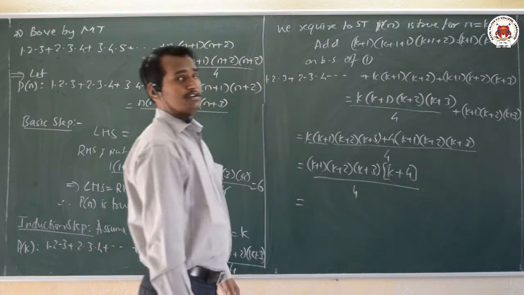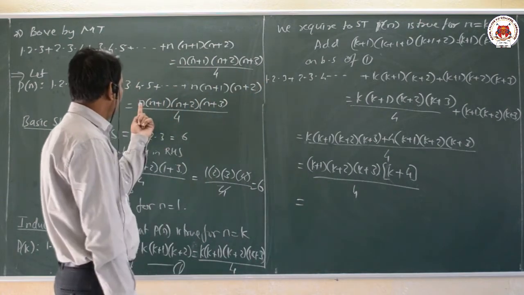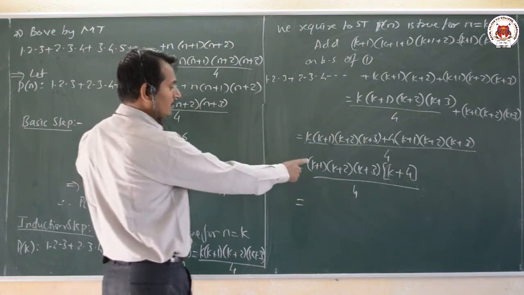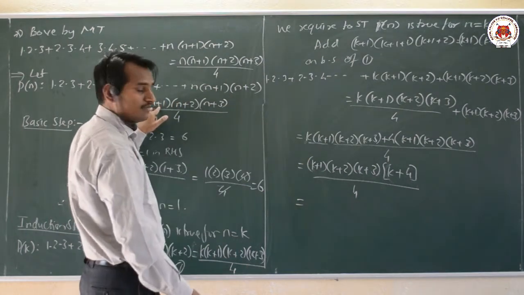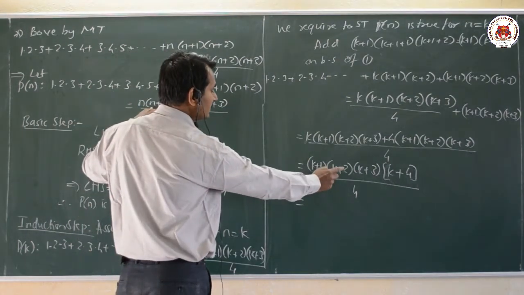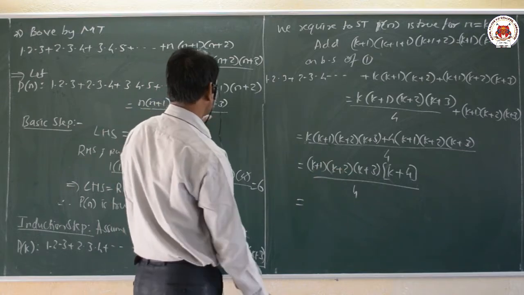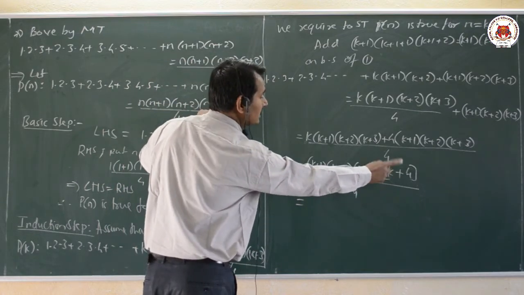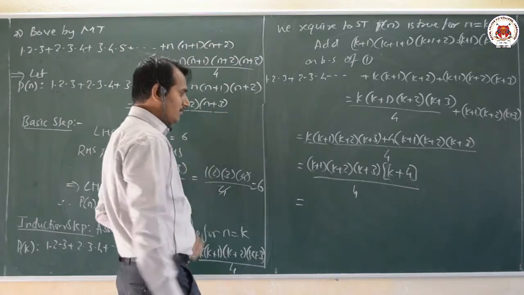That in turn is nothing but, wherever n is there, we got k plus 1. In place of n we got k plus 1. N plus 1 means k plus 1 plus 1, that is k plus 2. N plus 2 means k plus 1 plus 2, k plus 3. That is what we got here.